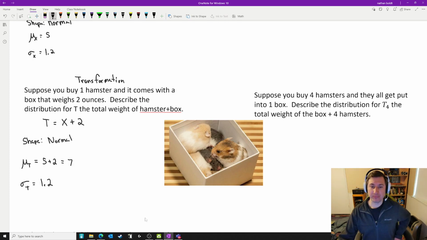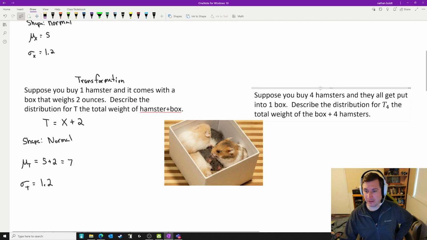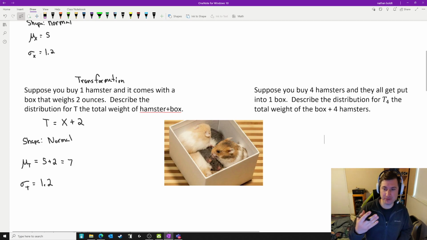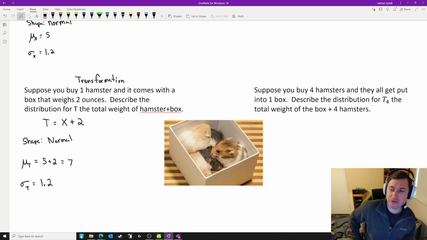All right. Similar scenario with the same story here. Suppose you buy 4 hamsters, and they all get put into one box. Describe the distribution for T4, the total weight of the box plus 4 hamsters.